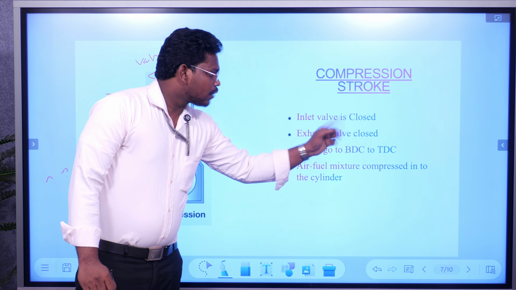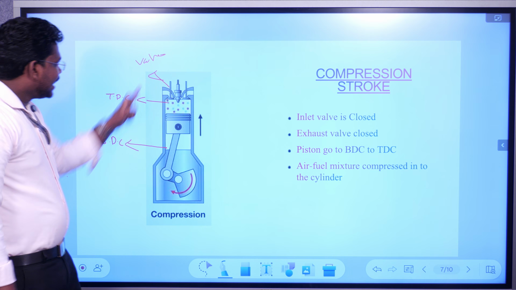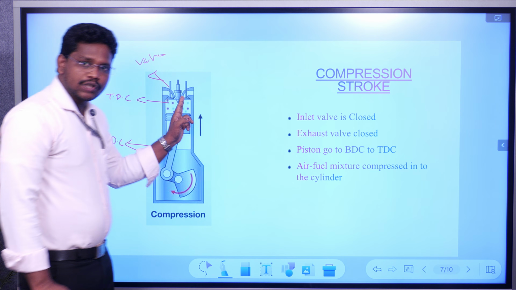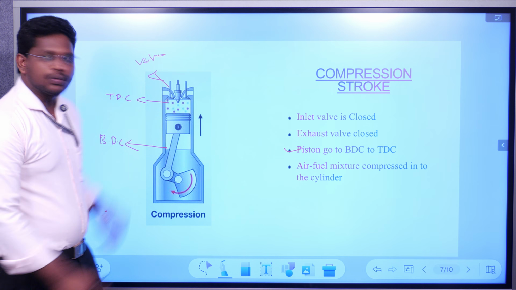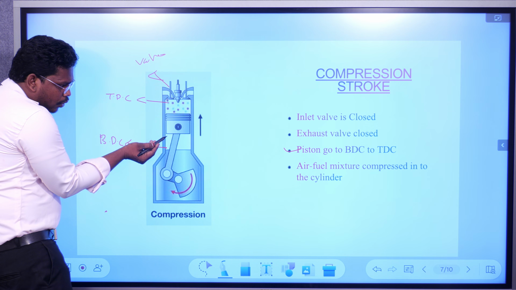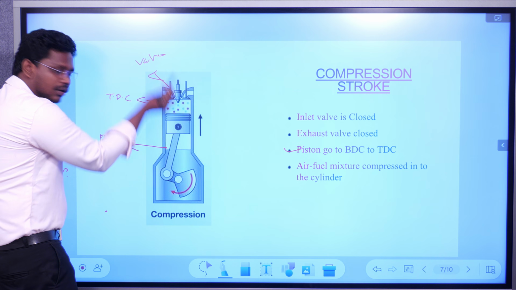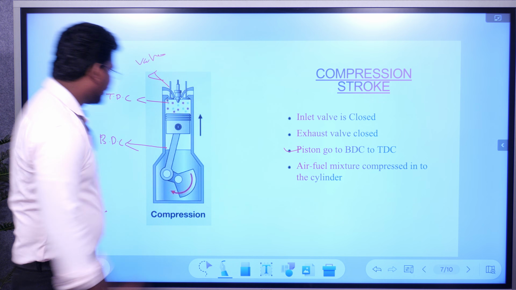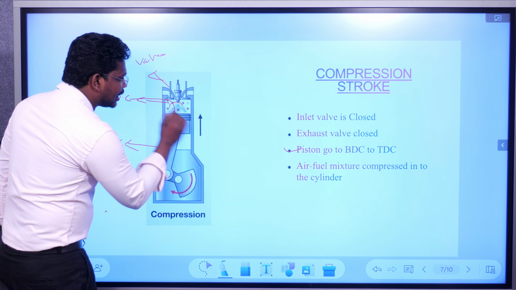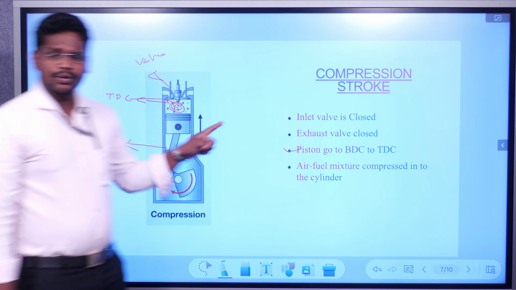First point, in this stroke the inlet valve is closed and the exhaust valve is also closed. Third, the piston goes from BDC to TDC, upward. Fourth, the air fuel mixture is compressed in the cylinder. This is the second stroke completed.